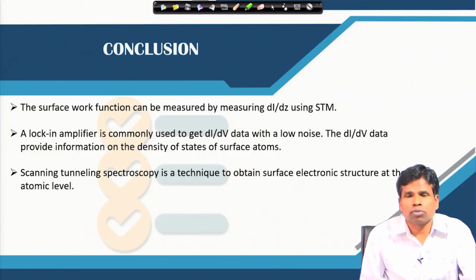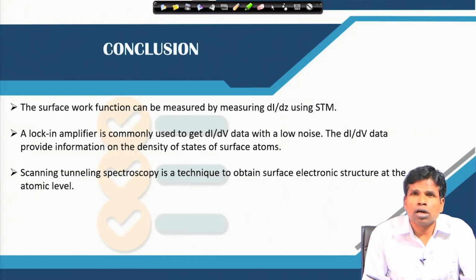It can be utilized for measuring work function and also getting dI/dV data, and those dI/dV data can be utilized to get surface electronic structure, including the band gap of the material at the atomic level or in a very small region where few atoms are there. This can be done.